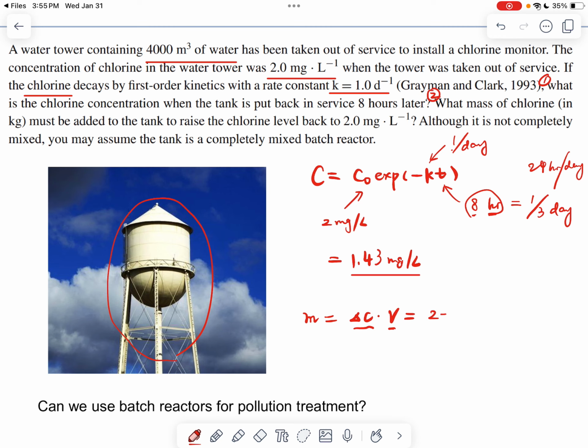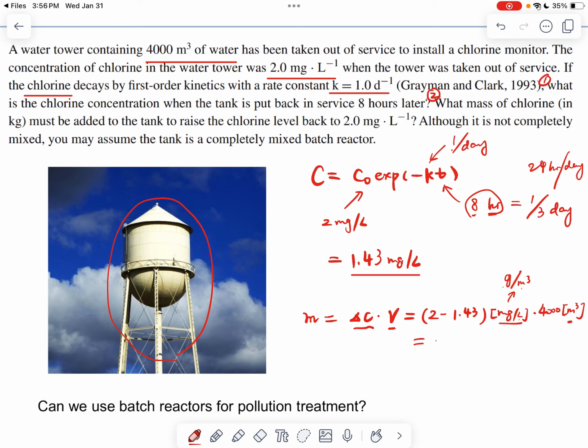So then delta C is just 2 minus 1.43 milligram per liter. And then you multiply that by the volume, which is 4,000 meter cubed. So now, milligram per liter, you see, we have to make the unit consistent. Milligram per liter is just gram per meter cubed, mainly because 1 meter cube is 1,000 liter, 1 gram is 1,000 milligram, right?